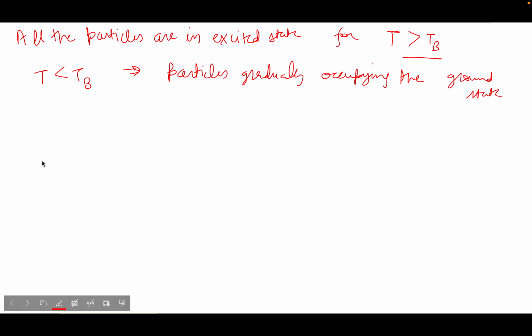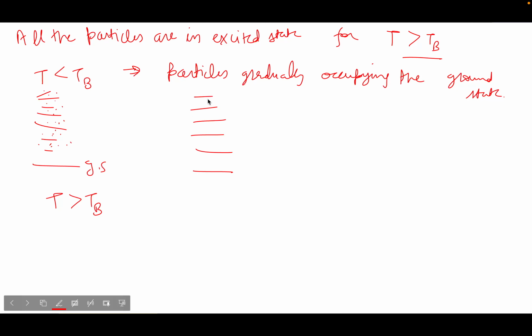Let's say these are the excited states and this is the ground state. There can be many particles in one state. So all the particles are in excited states. There is no particle in the ground state for temperature greater than the Bose temperature.